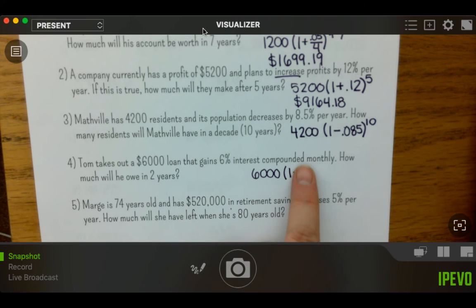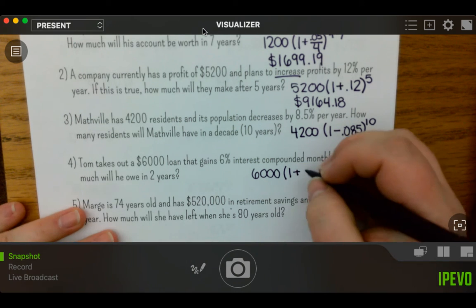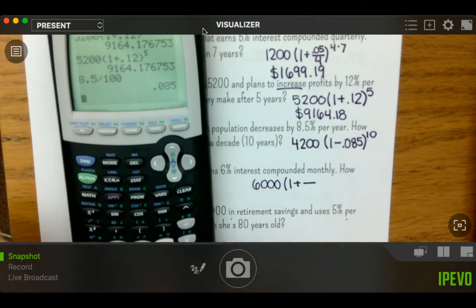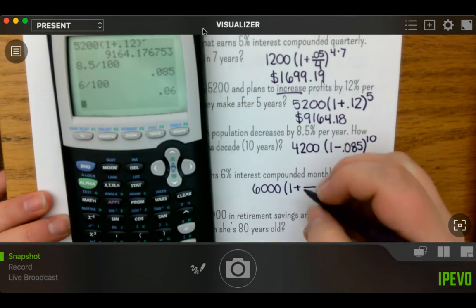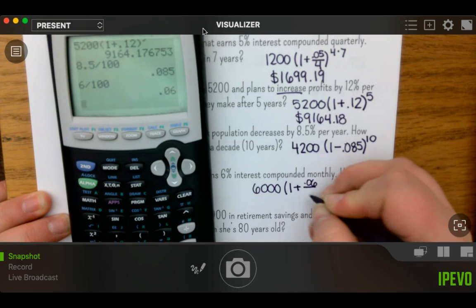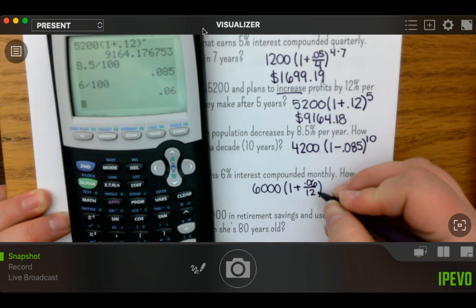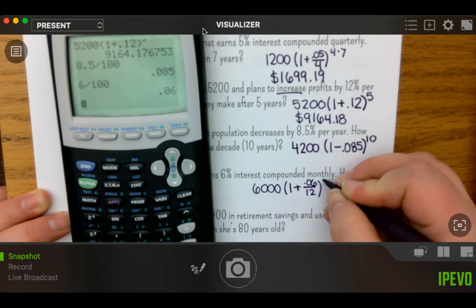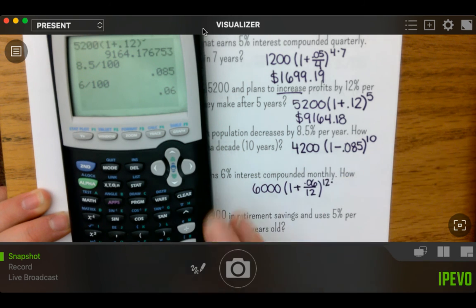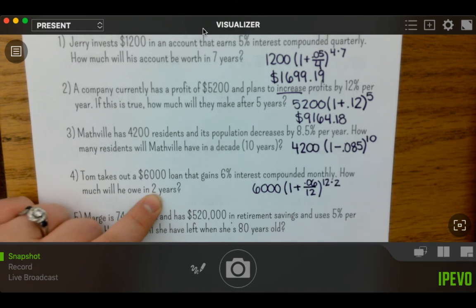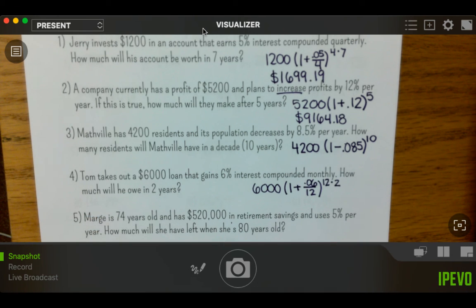And then since it says compounded, this is where you're going to have a fraction. 6 divided by 100 is 0.06. Monthly means 12 times a year, because there's 12 months in a year. So that's what you divide by, and then you put that 12 up here and multiply it by the number of years, which it says is 2. And then you would type that into your calculator.